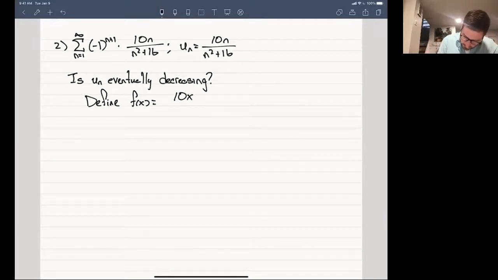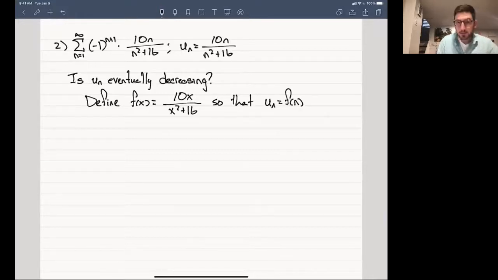So u_n is equal to f of n. We can check whether or not the function is decreasing. And if the function is decreasing, that means the sequence is decreasing as well.